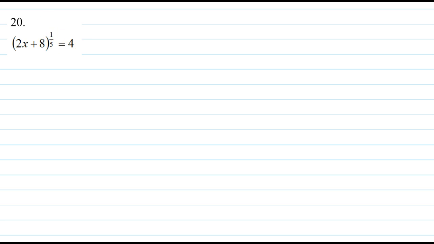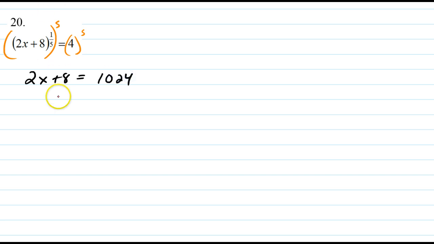All right, we are going to raise both sides to the fifth power. And so the fifth power cancels out that 1/5, and so we get 2x plus 8. 4 to the fifth power is 1024.